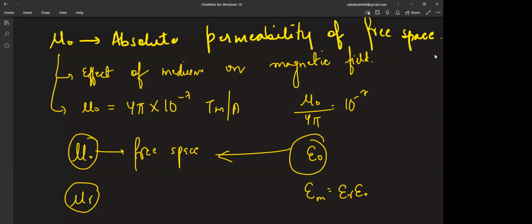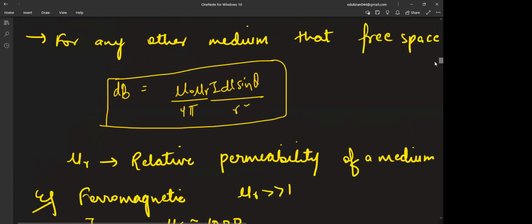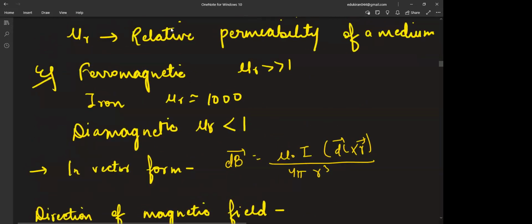Any other part you want me to scroll? Ma'am, can you show more down? Like, if I miss anything. Which one? Down only, ma'am. This one down. Like after this, we started direction of magnetic field. Yes, ma'am. Done? Yes, ma'am. I think from direction you have written already, no? Yes, ma'am. From direction I will. This one is. Thank you, ma'am. Okay, okay. Thank you.